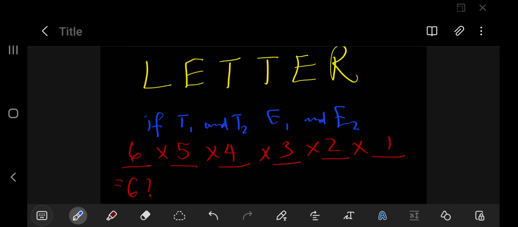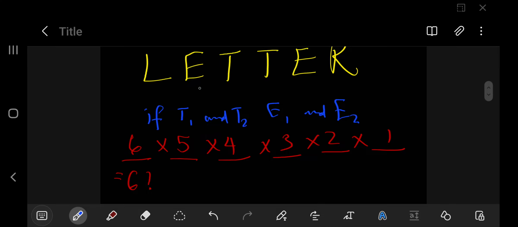But then in this case, what if they are the same? If the repeated letters are the exact same letters, so what we do here is arrange all the letters first, and that would be 6 factorial. But how do you deal with this repetition?